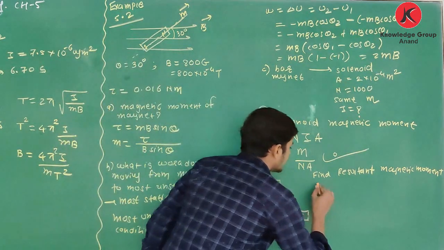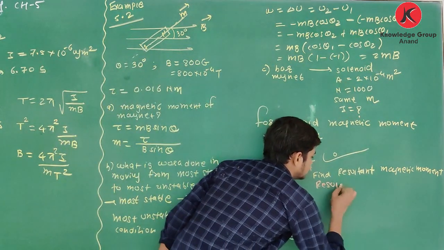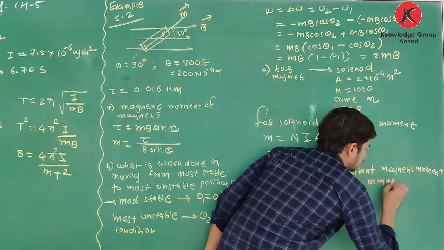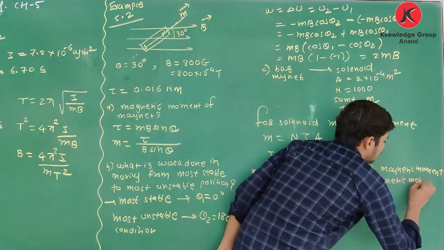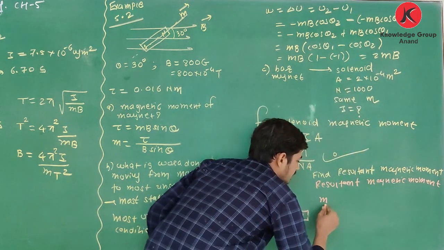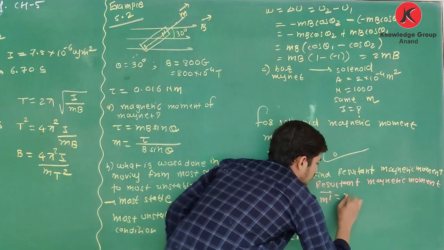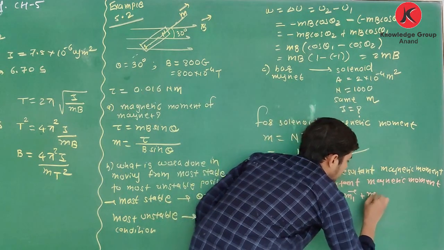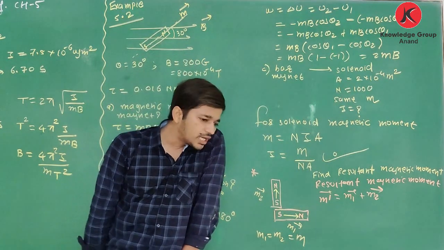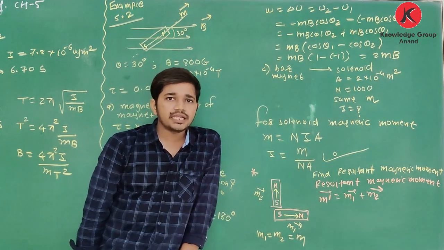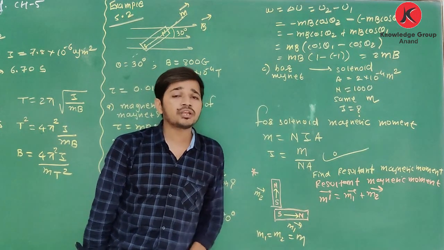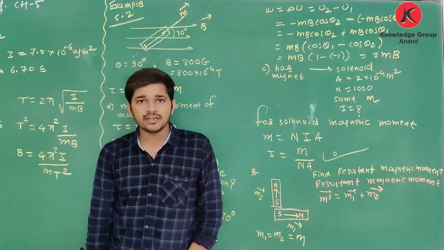The resultant magnetic moment M' = M1 + M2. It is a vector quantity, so we have to write it as a vector sum. Now how to find its magnitude?